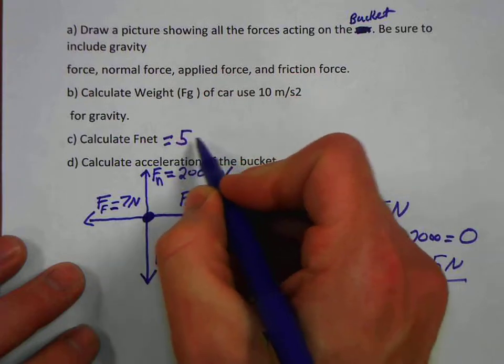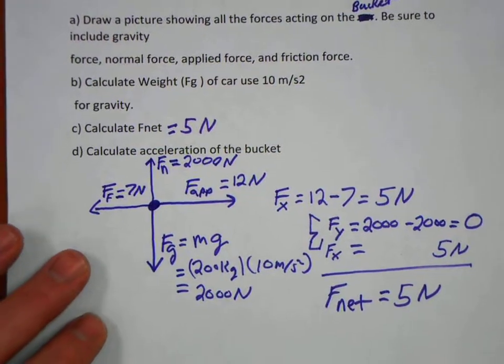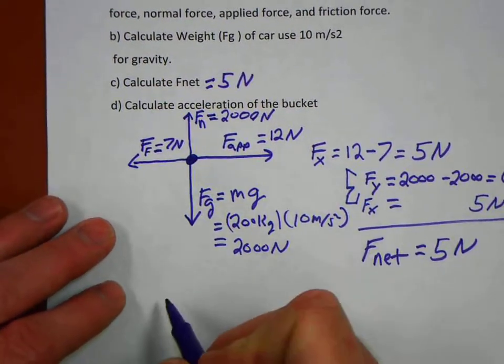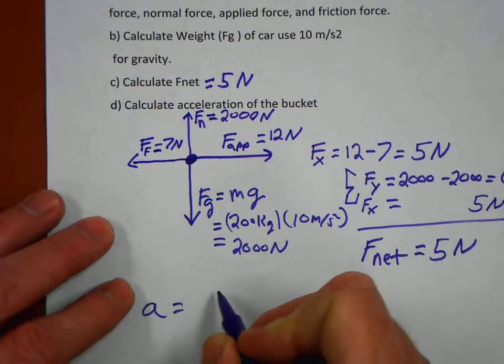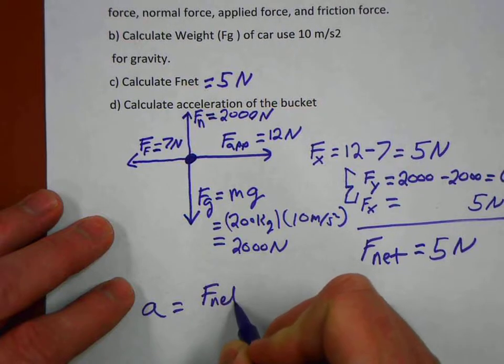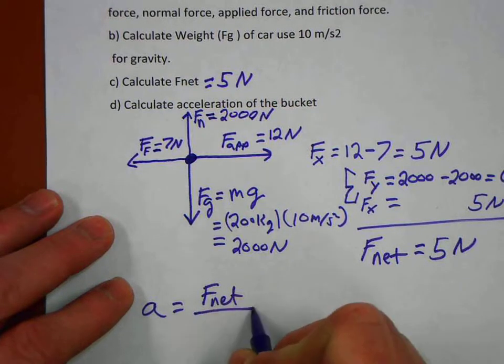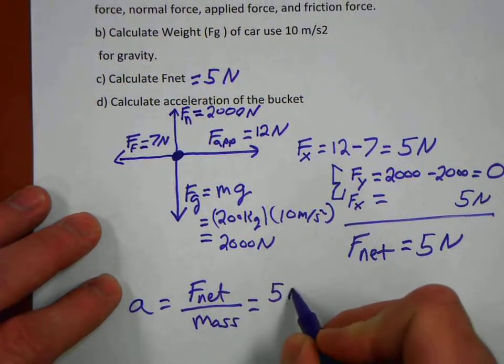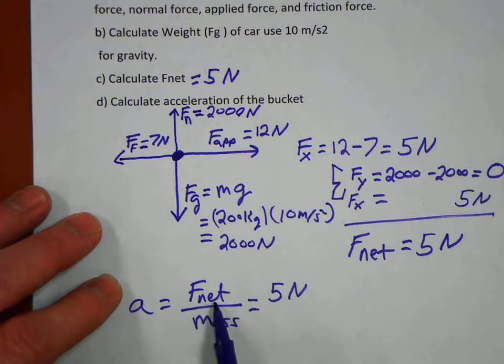And then the last thing it says is we need to calculate the acceleration. Well, we know that acceleration is equal to our total net force divided by our total mass. In this particular instance, we've got a net force of 5 newtons. Now remember, it's the net force.